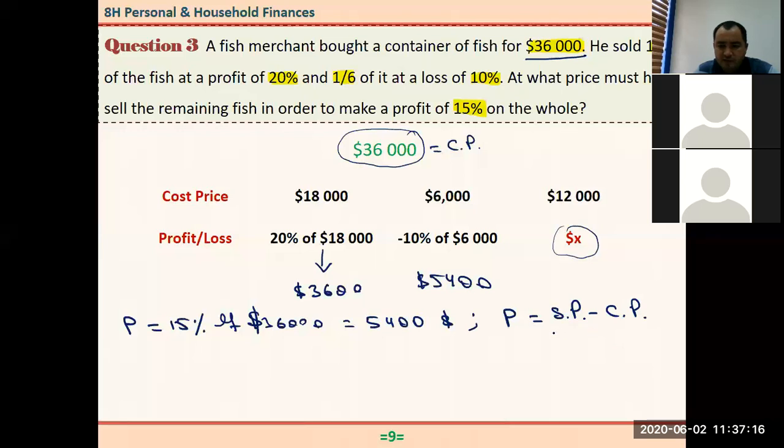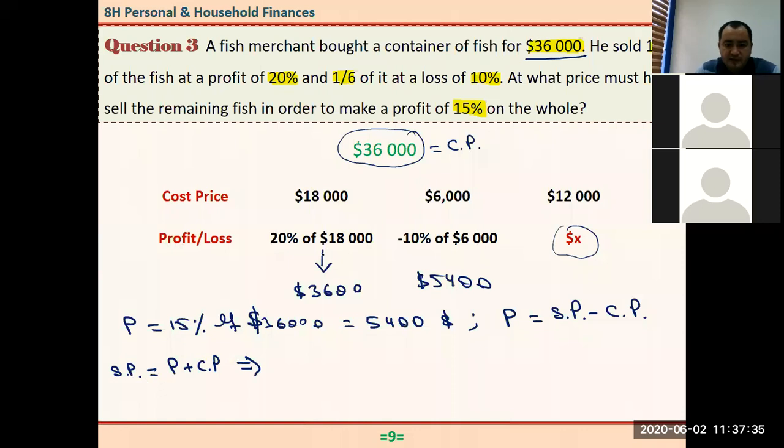So from here, I can find the selling price equals P plus CP. So selling price is equal to P plus cost price. Just take this to the left-hand side.